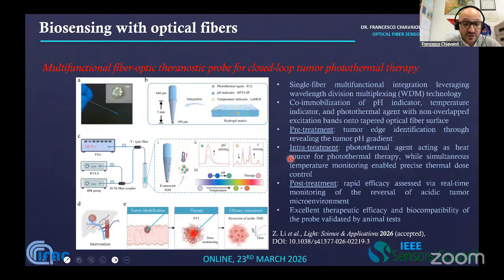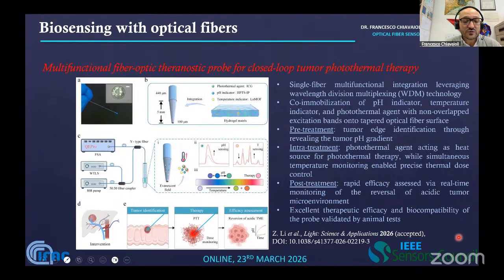The intra-treatment, so photothermal agent acting as a heat source for photothermal therapy, while simultaneous temperature monitoring enables precise tumor thermal dose control. And finally, post-treatment, so rapid efficacy assessment using real-time monitoring of the change of the pH in the tumor microenvironment.